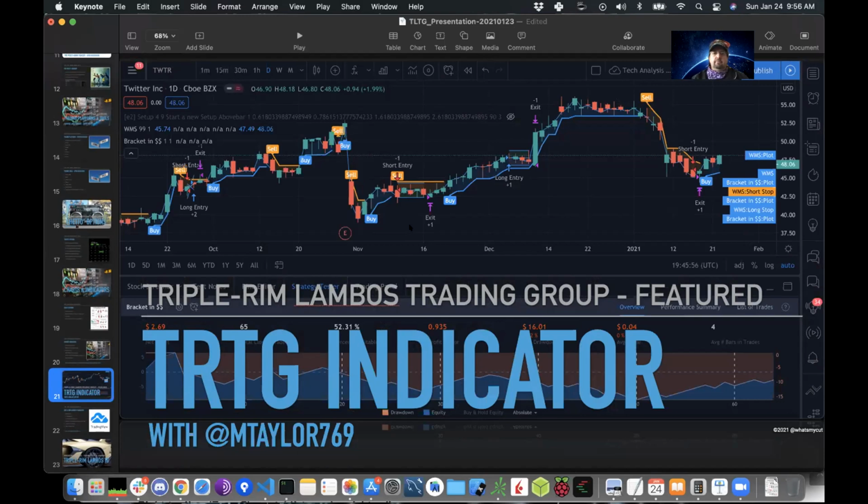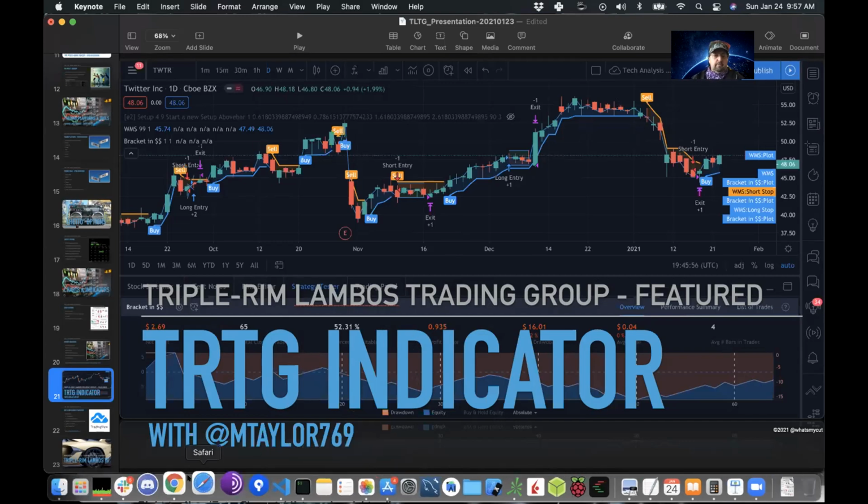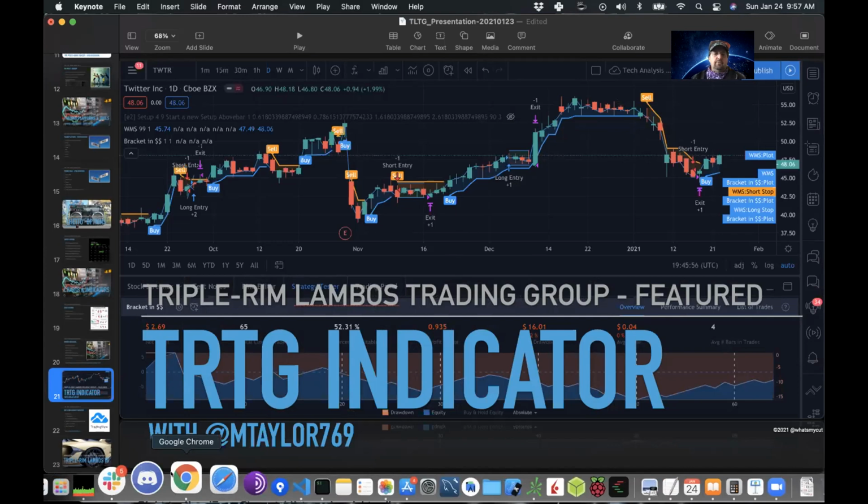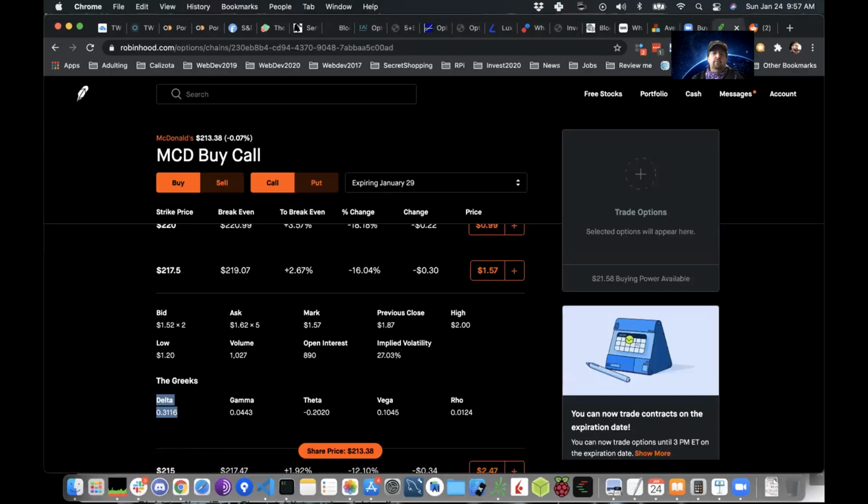If you go to any third-party site that needs charts, half the time they go to TradingView because TradingView offers pretty cheap charting and a great API for web developers like myself to connect to and ask for quick charts. So for those of you who don't have a TradingView account, you can get a free account. It will come with ads and all the things that free accounts come with.